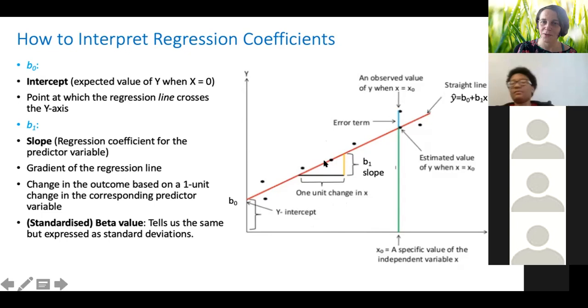What the model is predicting is the expected value of height for that X value, for that age. That is basically the mean of this distribution, the conditional distribution of outcome values for that given predictor value.